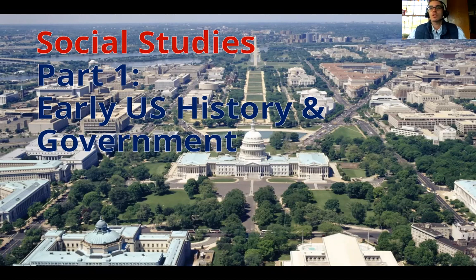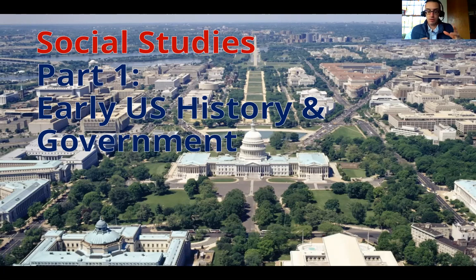Washington, D.C. was started. We'll talk about George Washington being the first president. Now, George Washington didn't live in the White House, but the second president was John Adams. I don't know if he lived in the White House or if they were still working on it. But as soon as they started the government, when they wrote the Constitution in 1787, they said, we need a capital city.